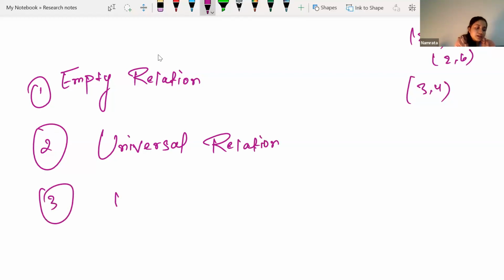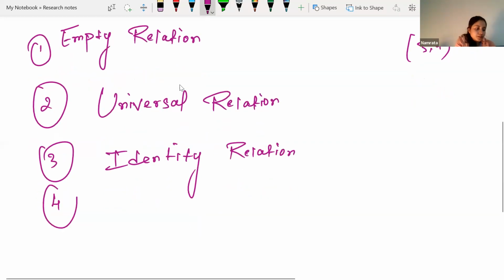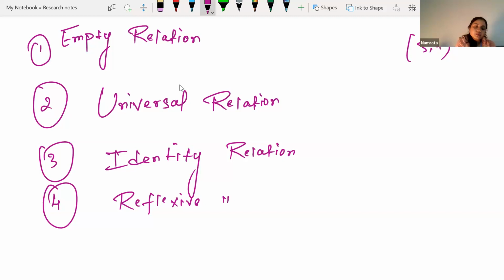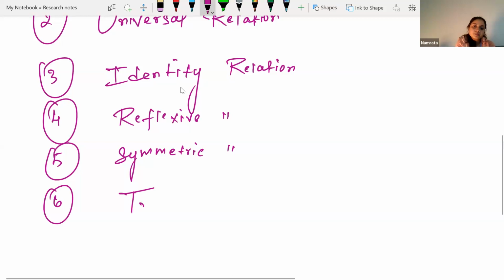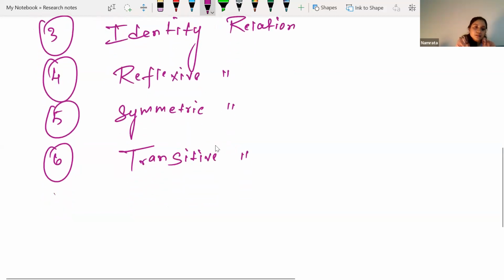Third one is the identity relation. The fourth type is reflexive. Next one is symmetric. Next one is transitive. And the last one is the equivalence relation.